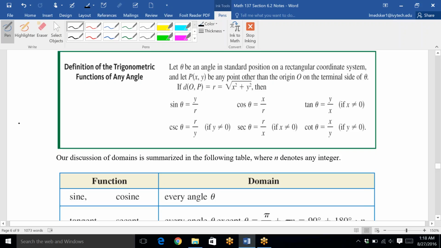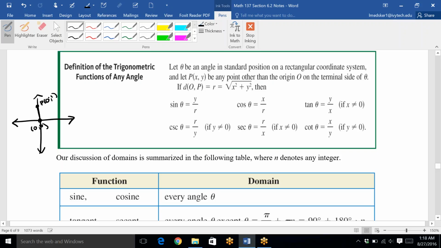Because if you have your coordinate system, and here's what I mean by that, say your initial point P is (0, 1), and your origin is (0, 0).